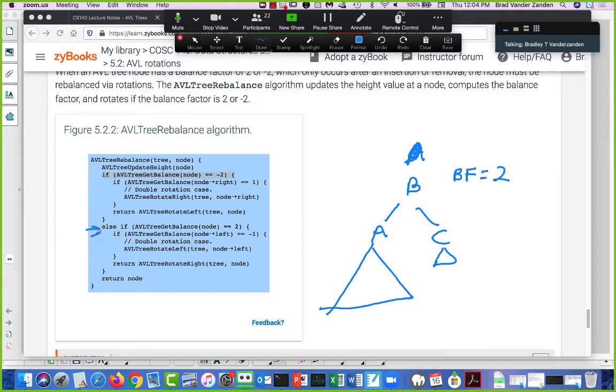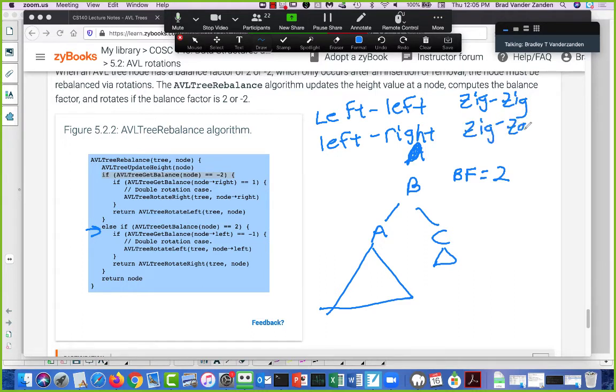Then we would go to this else case, and we would have the identical things, except we would be dealing with the left-left case or the left-right case. Okay, this was one case, and this is the other. I'm not going to go into it because it is very similar. It's just the mirror image of the right-right and right-left cases we just did. So I'm going to let you look at that because I need to move on to delete.